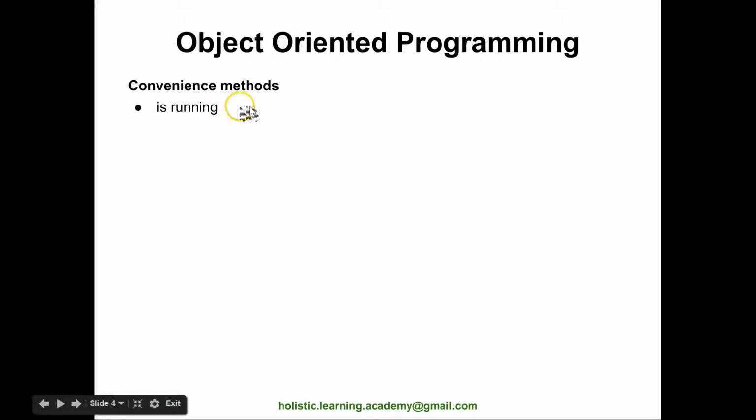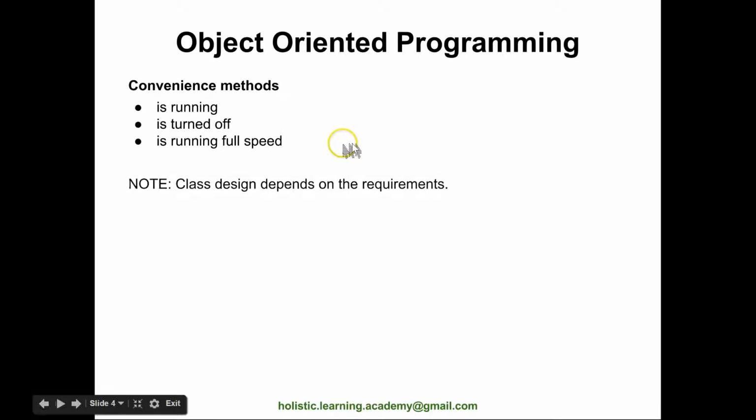This is just going to check the speed level and check if the speed level is greater than 0, right? So it's a convenience method. We'll see in a moment why these are extra methods that can just make your code look very nice. Okay, is turned off, is running full speed, right? So all these are basically convenience methods.